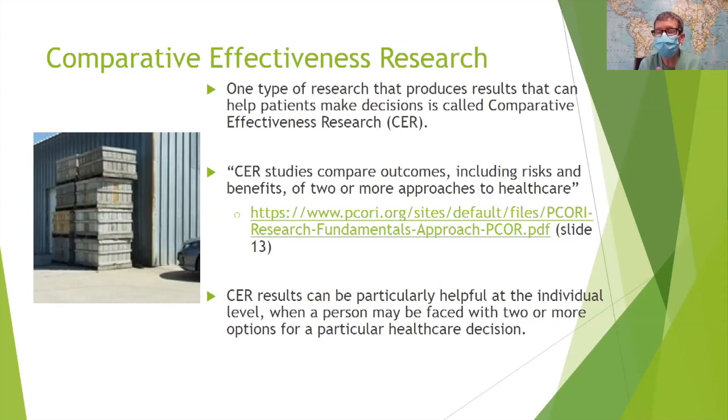So true to the name, the idea is that we are including two or more strategies, medications, or interventions, and then looking at how those play out both in terms of risks and benefits. And so the idea is that the research hopefully will help when an individual is in a real life situation to be able to take that information and make a decision based on their particular situation.